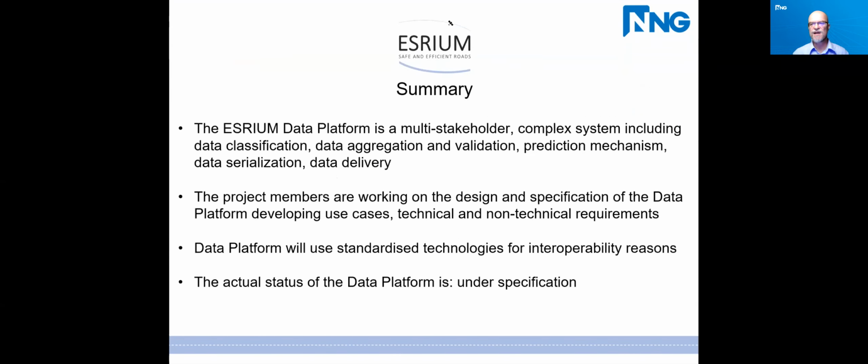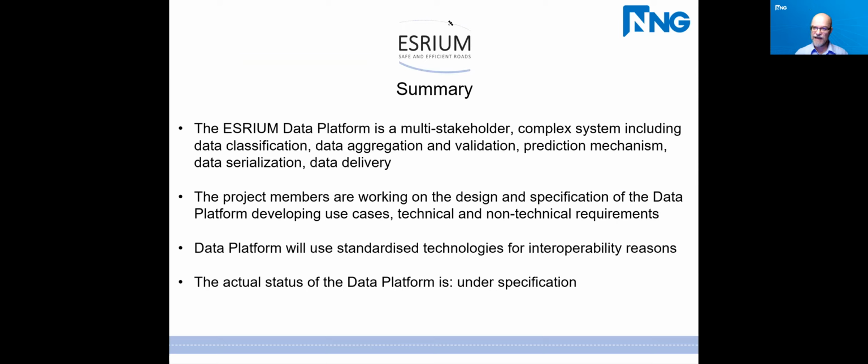So, to give a summary and conclusion of what we have said so far: the Esrium data platform is a multi-stakeholder, very complex system, which includes data classification, data aggregation and validation, prediction mechanism, data serialization, and data delivery, and which has to be implemented in a standardized way to ensure interoperability.